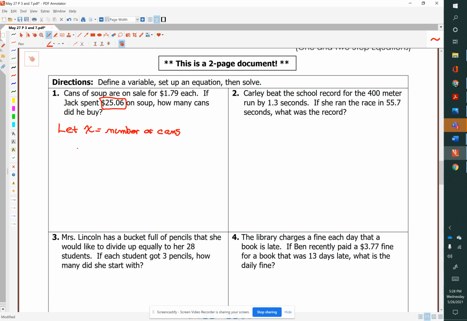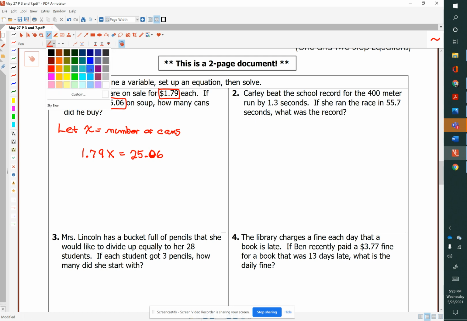And so our math sentence here will be $1.79 times x, remember a number and a variable next to each other means multiplication, equals that total. See, these are the 2 important figures in our word problem. So the total is $25.06.